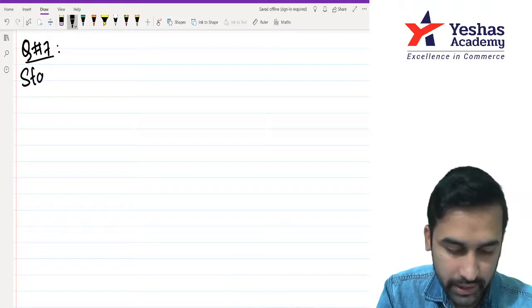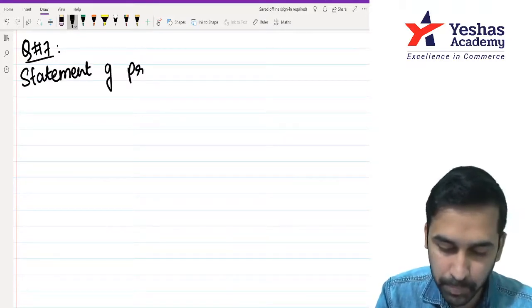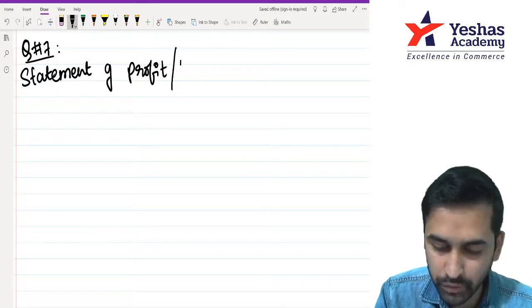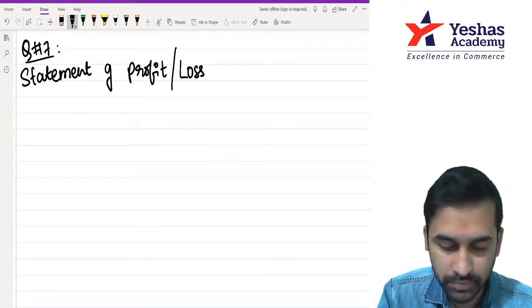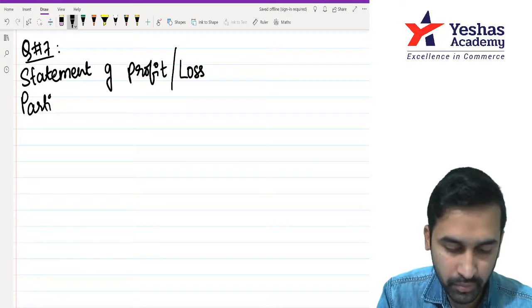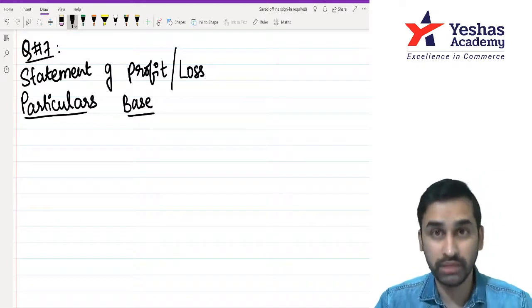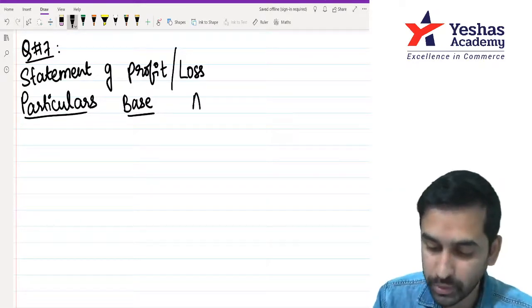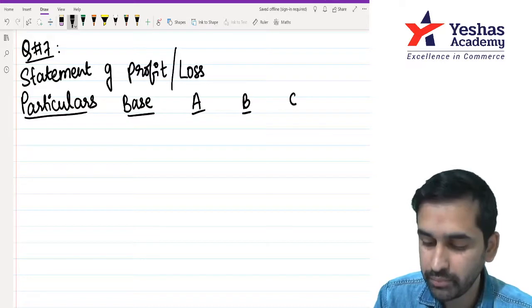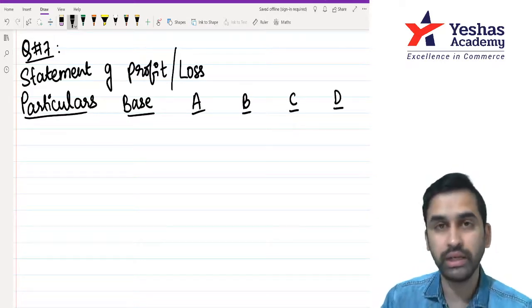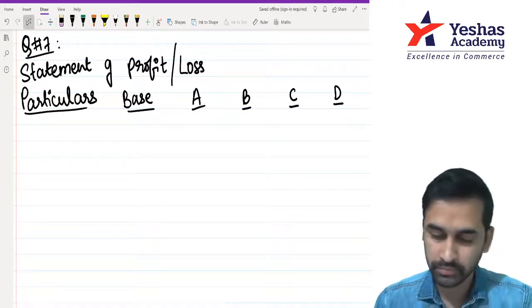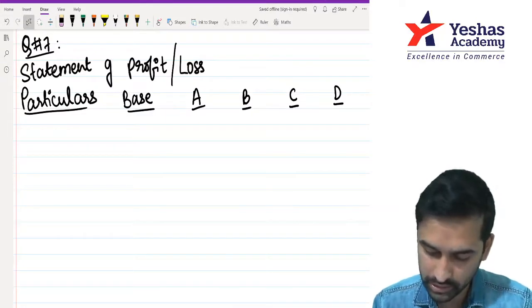Main answer directly, statement of profit or loss. Particulars column, then base, second column, that's very important, then 4 products A, B, C, D. Start with sales.